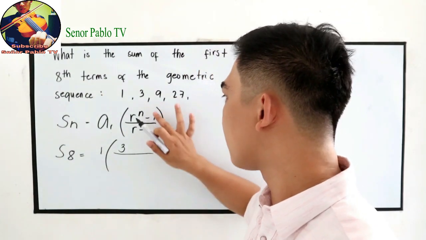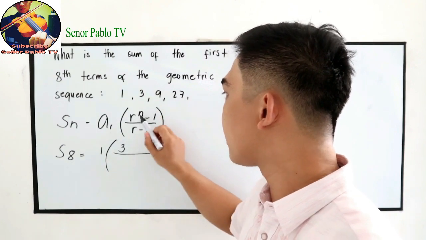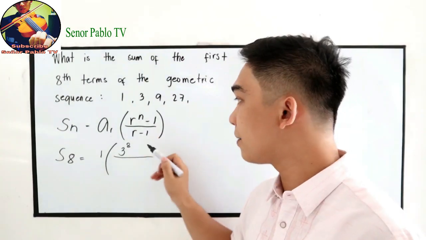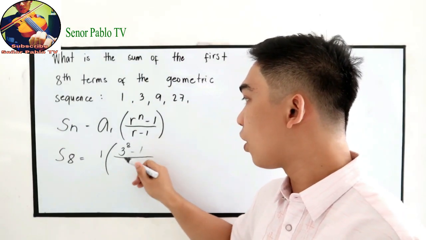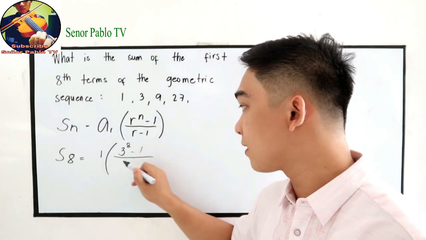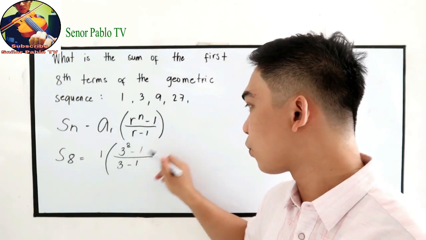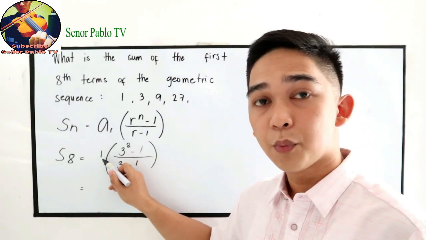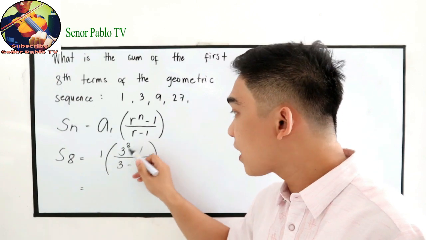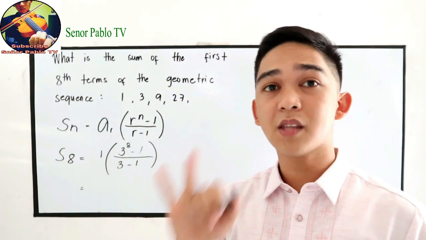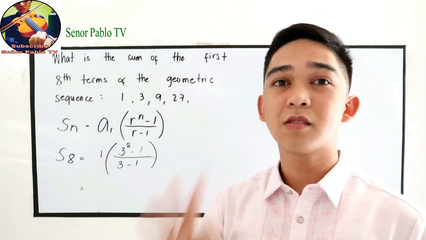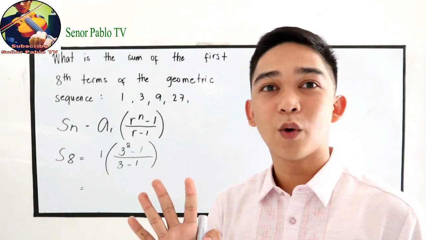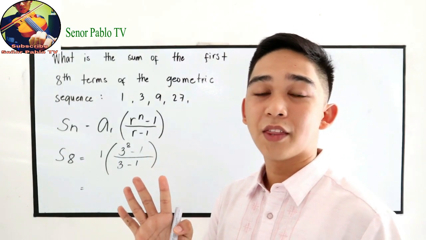R raised to n, that is 8, minus 1, all over R minus 1, that is 3 minus 1. So since 1 naman ito, pwede natin siyang tanggalin. 3 raised to 8. 3 times 3, 9 times 3, 27 times 3, 81. 81 times 3, 243.